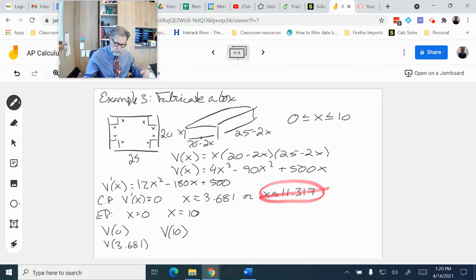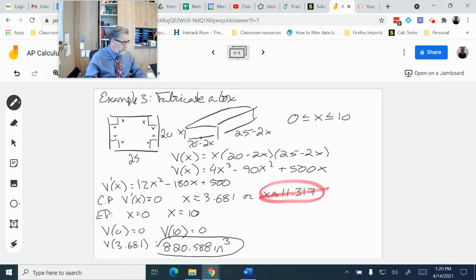What I know is that this is 0 and this is 0 because I've either cut nothing out of the corners, which means I have a flat sheet of steel, or I have cut everything out of the corners and I have a vertical piece of steel of double thickness. And that means that this must be a maximum, since it starts at 0, goes up, reaches an extrema at 820, goes back down again.